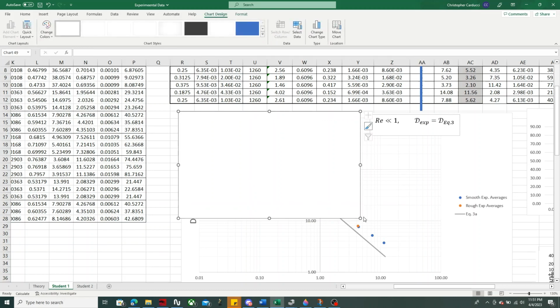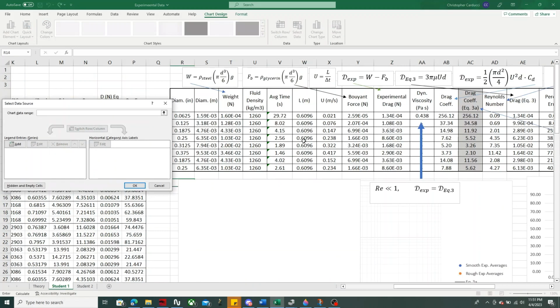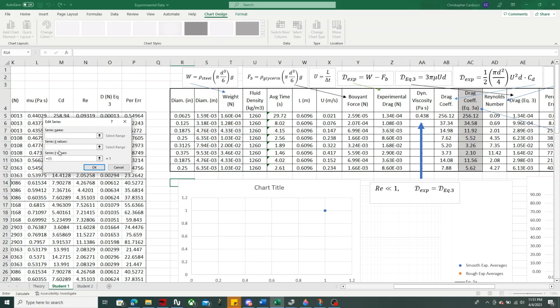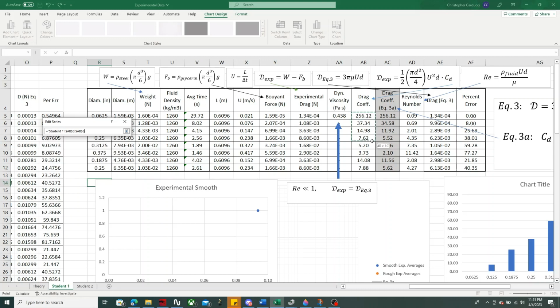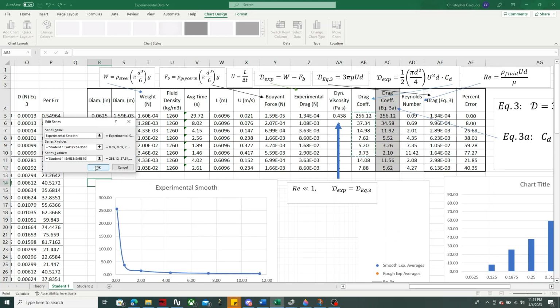But so I'm going to select my data. On the x-axis, I want my Reynolds number. So remember, all these values are the smooth values, so I'm just going to call this experimental smooth. And then my y values are going to be the drag coefficients. Right? Cool.